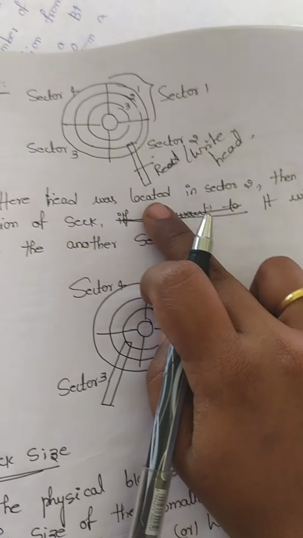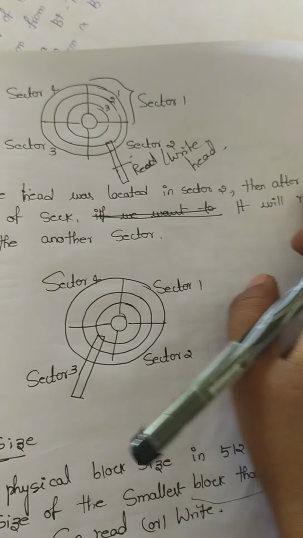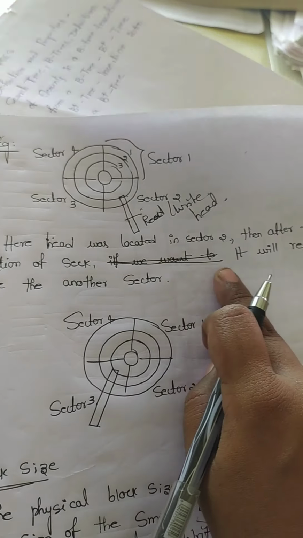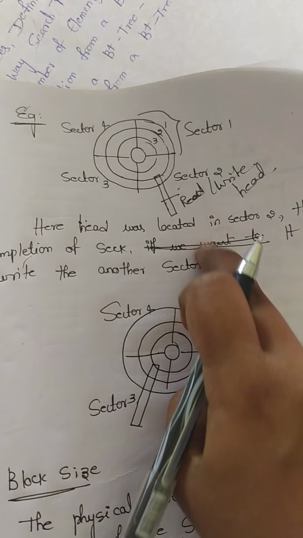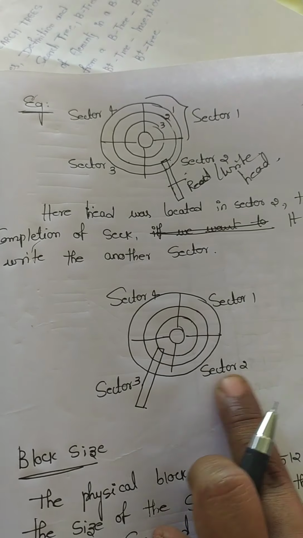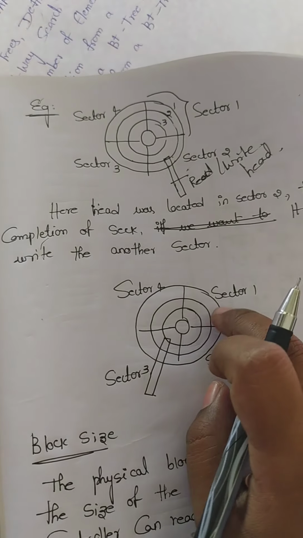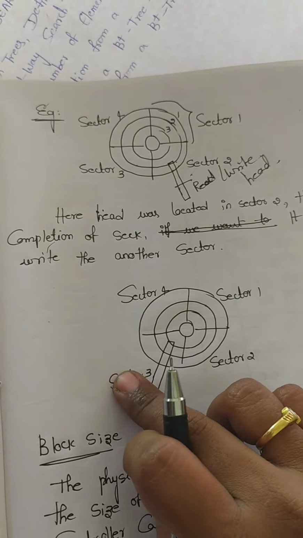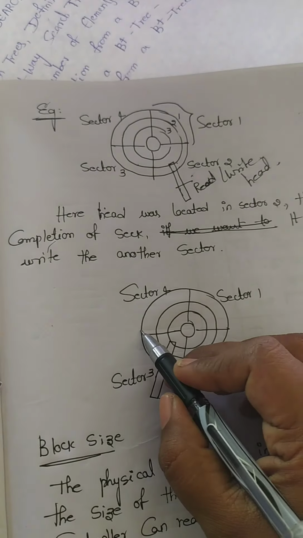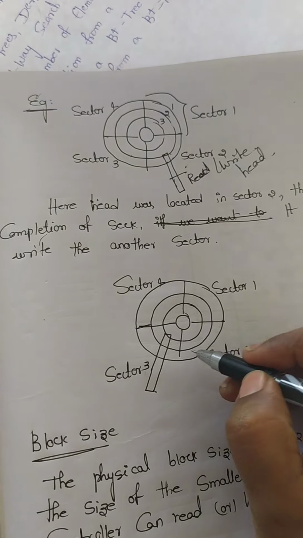Here the head was located in sector 2, and after the completion of the seek, it will read and write another sector. So sector 1 to sector 3, as well as sector 1 to sector 2, sector 3, sector 4. This is the average time.